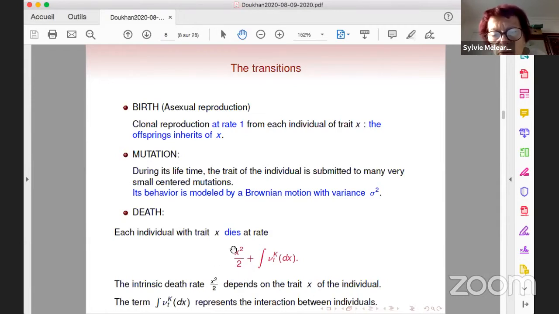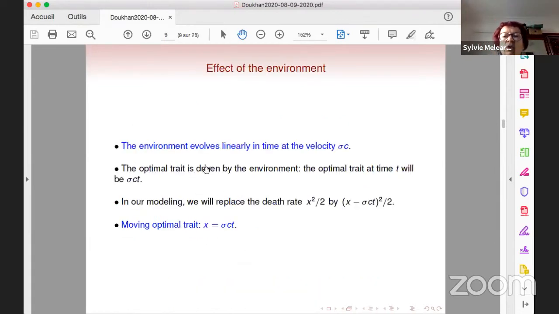And now we want to introduce the environment. And in fact, the environment will change this optimal trait in the sense that the population will try to follow the environment. And the way we model it is the following. We assume, as I said, it's a gradually changing environment, and then it will evolve linearly in time at the velocity sigma c.